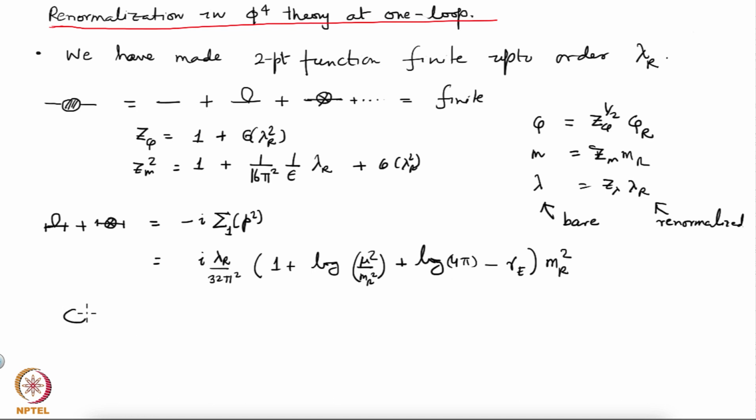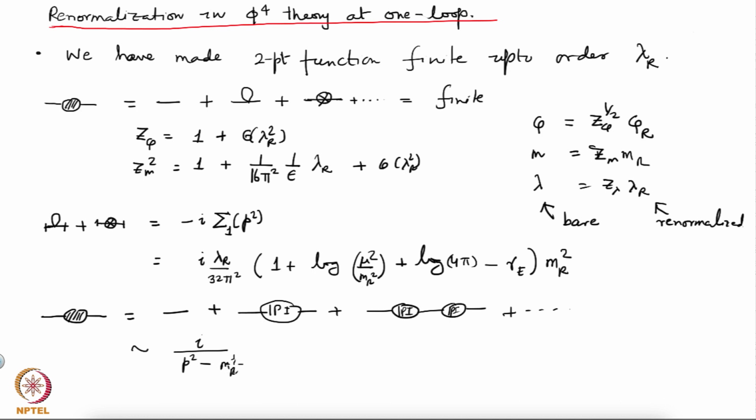We know how a two-point function behaves. This is one-particle irreducible plus these other diagrams, and they resum to give you i times p squared minus m r squared minus sigma 1 of p squared plus i epsilon, times the residue.